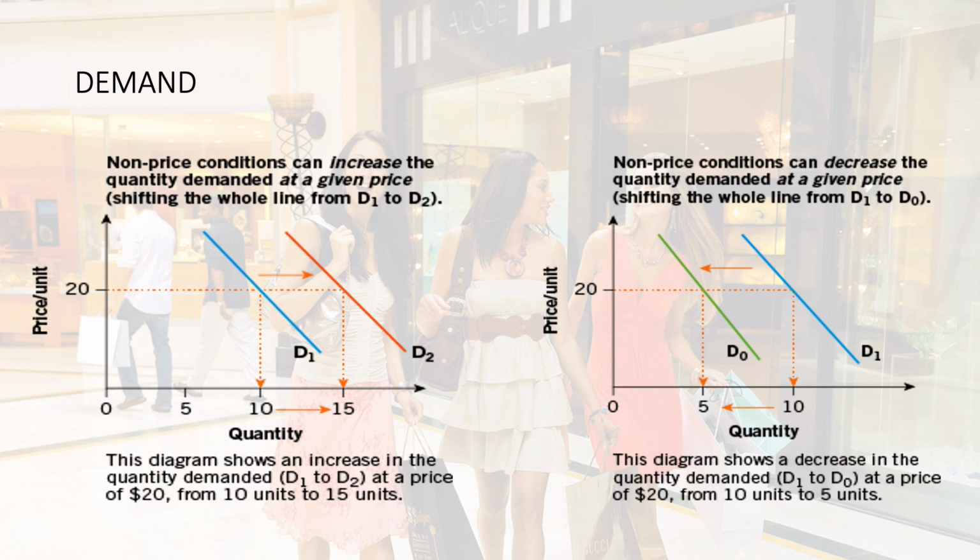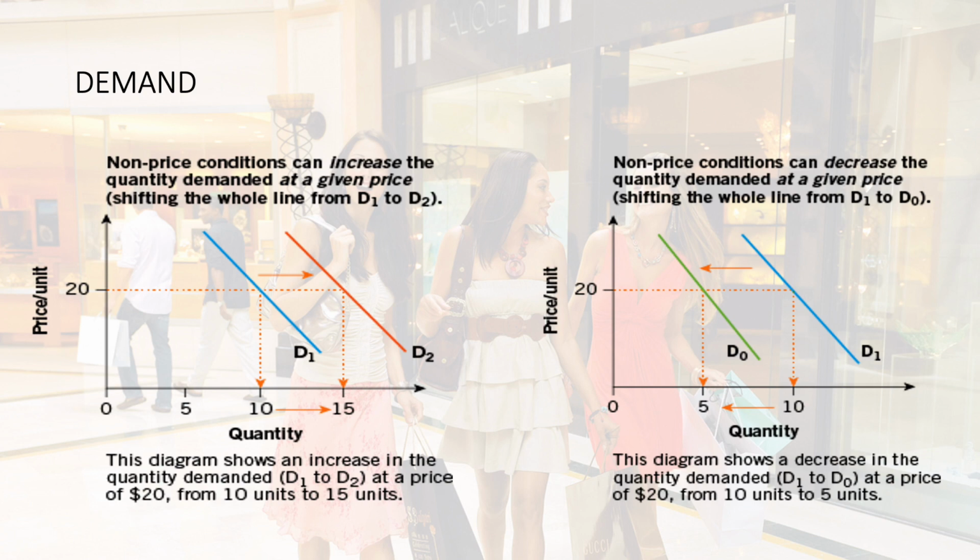And what that is showing us is that there's been an increase in the amount that people want at a given price. And as a result of that, the whole demand line has shifted to the right, because by shifting to the right, you can see that we're increasing the quantity demanded. In this case, the quantity demanded has gone from 10 units to 15 units, simply because of these non-price conditions.